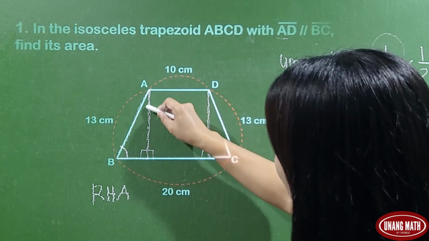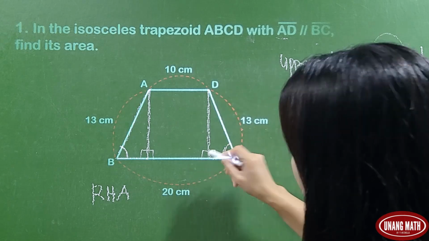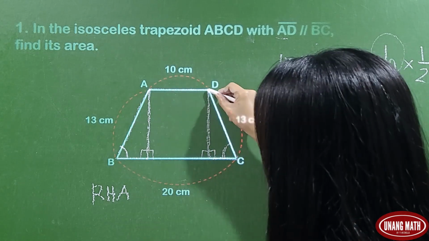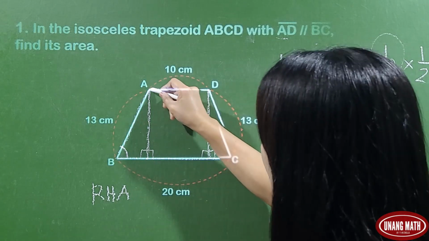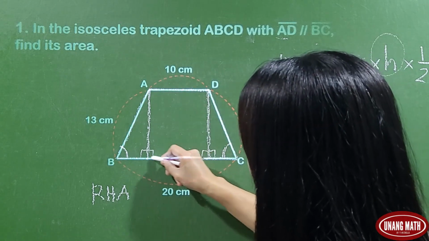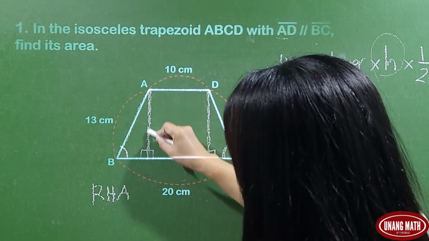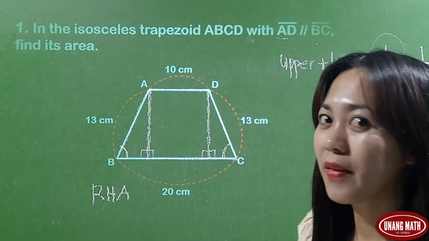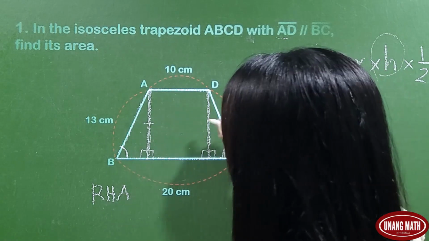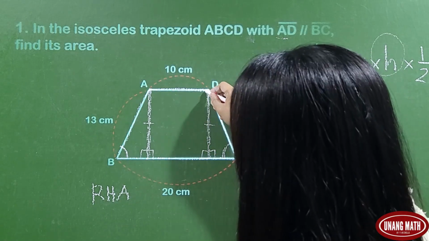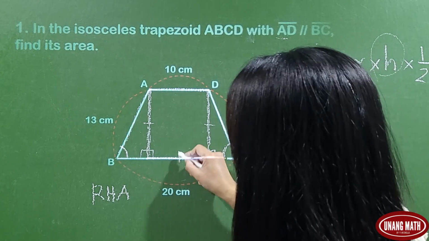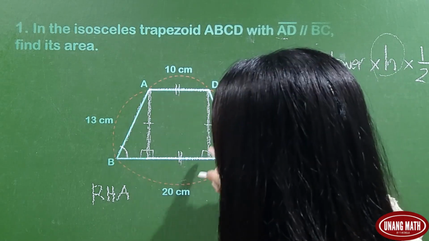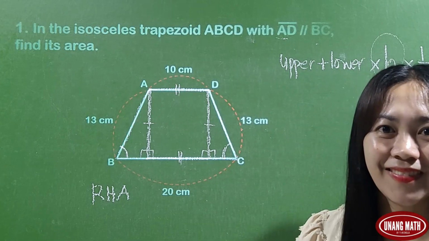When we draw these two auxiliary lines, we also created this figure, and this is a rectangle. These auxiliary lines are equal in length. This side and this side are also equal in length. So it means this is a rectangle.